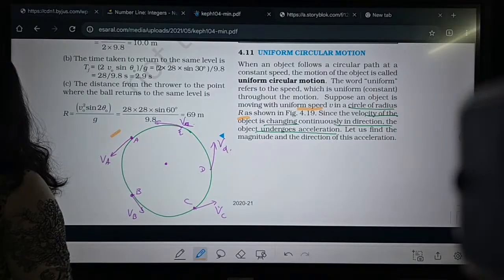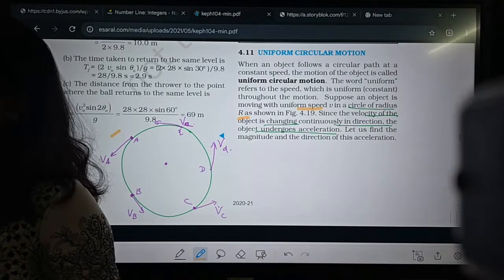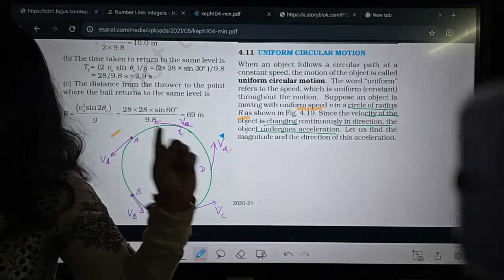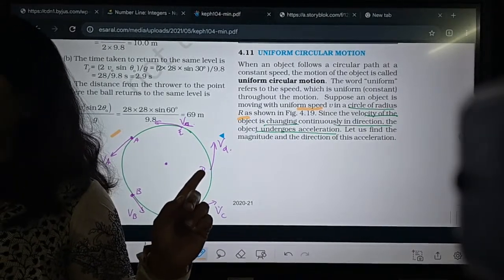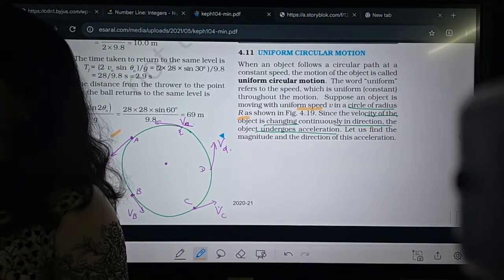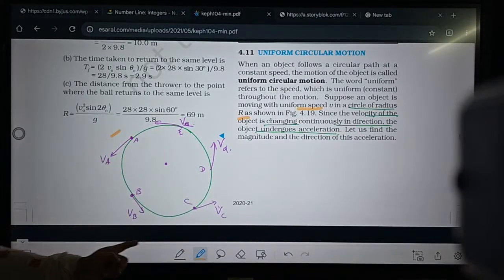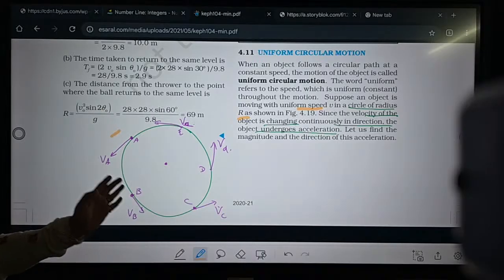But the velocity keeps on changing in its direction, not in the magnitude here. Constant speed talks about only magnitude. Okay, but there is a velocity due to the change in direction, and only then will there be circular motion. If the direction is not changing, it will be linear motion. Since it is in circular motion, the direction changes continuously and thereby it experiences acceleration also.